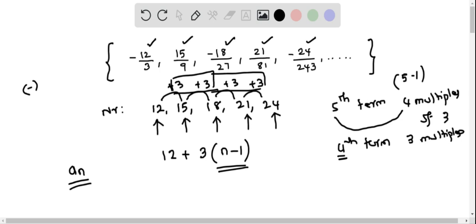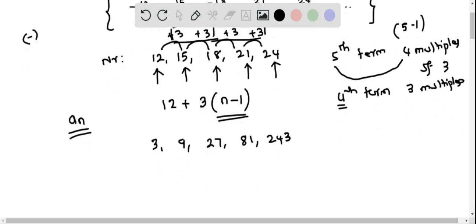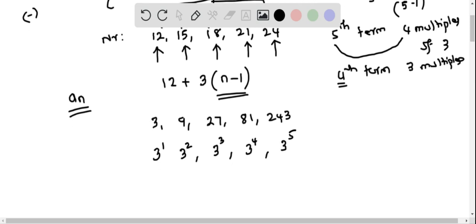So now let's understand the denominator sequence. For the denominator sequence, we have 3, 9, 27, 81, and 243. So these are basically powers of 3. This is 3 raised to the power of 1, and 9 is 3 squared, 27 is 3 cubed, and 81 is 3 raised to the power of 4, and 243 is 3 raised to the power of 5.